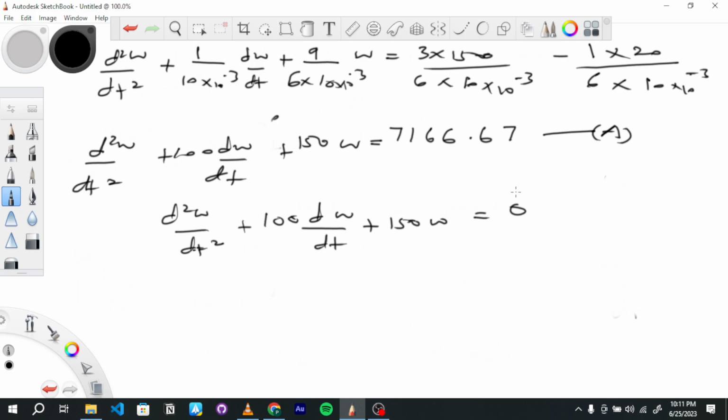To solve this second order equation, just change it to a quadratic: m squared plus 100m plus 150 is equal to 0. So let's solve this for m. With coefficients 1, 100, 150, you just solve the quadratic.